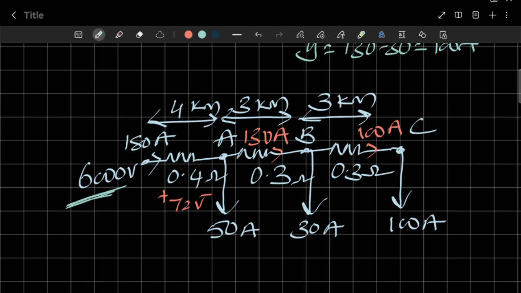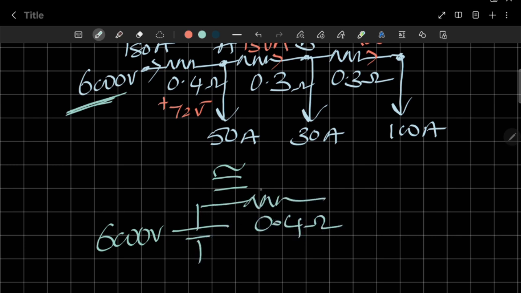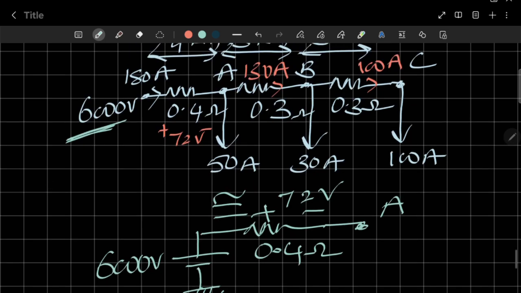The remaining voltage should be available at node A, because this entire circuit can be equivalently written like this: 6000 volts is the battery connected to 0.4 ohms, and across this one you are observing 72 volts is gone, and here node A is there. Simply, 6000 volts is a DC source connected to 0.4, and the 0.4 has a voltage of 72 volts.